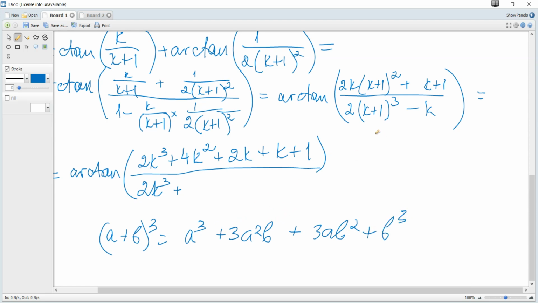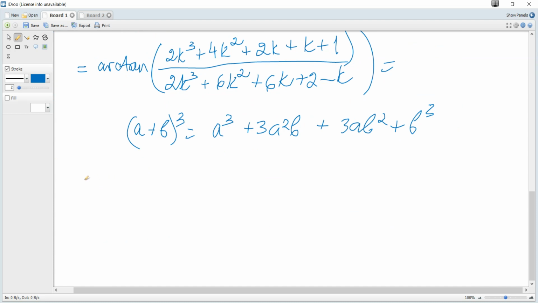So it becomes k cubed multiplied by 2 plus 3k squared multiplied by 2 plus 6k squared plus 3k multiplied by 2 plus 6k and plus 1 multiplied by 2 plus 2 minus k.